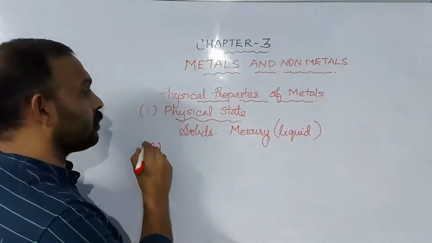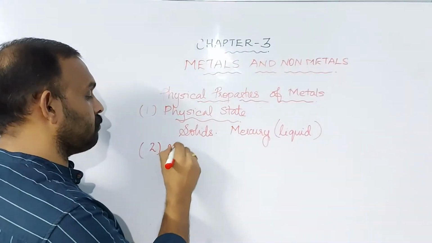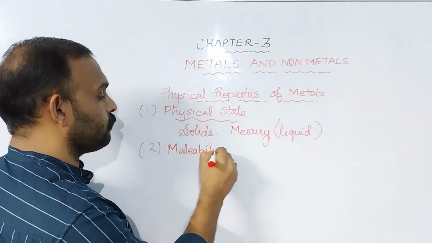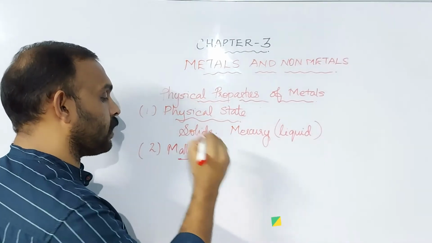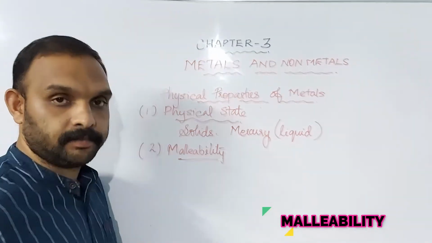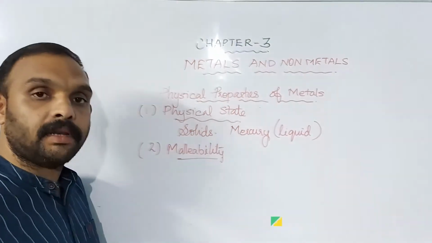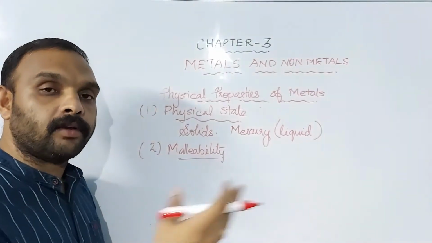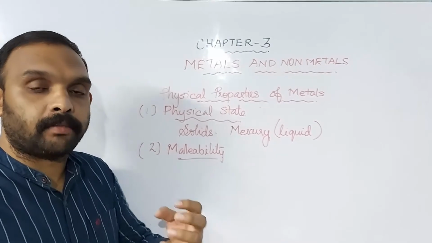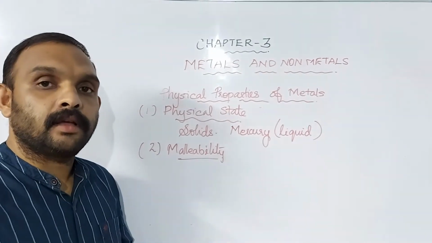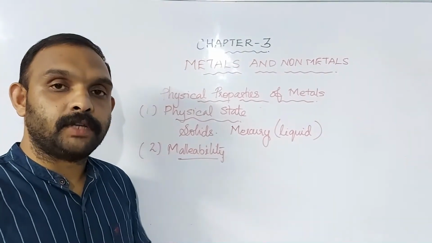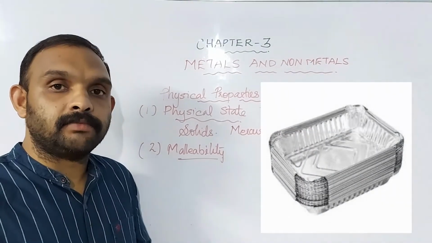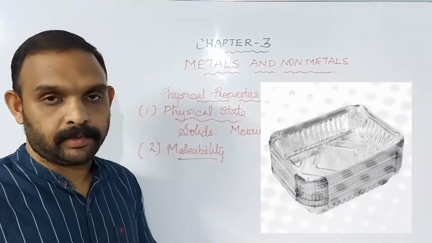The second important physical property is malleability. All of you are aware of it because from 8th standard you have been studying about malleability. What is meant by malleability or malleable? If you are going to purchase some food from a restaurant and take it as a parcel, they will cover the food items in an aluminium foil paper.